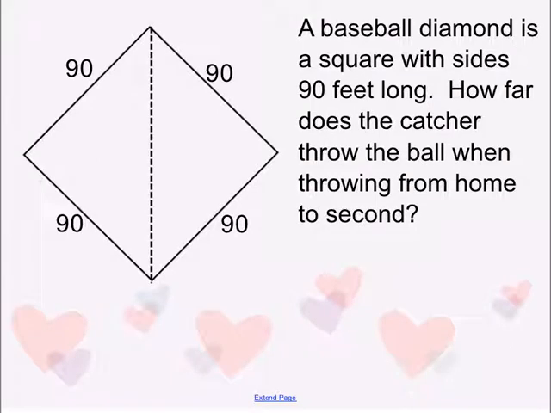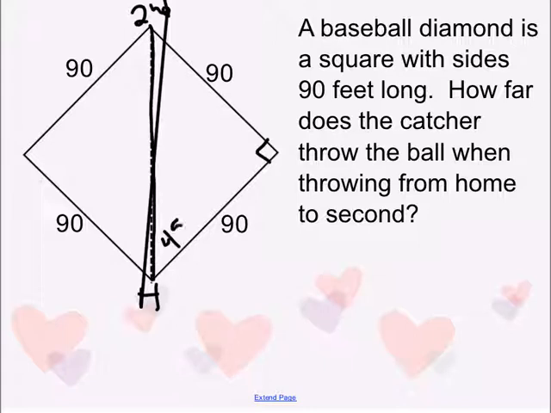Okay, how about this one? A baseball diamond is a square with sides 90 feet long. How far does the catcher throw the ball when throwing from home to second? Well, that means that this is home and this is second. So it means that we are cutting this square in half, meaning we get 45, 45, and 90.